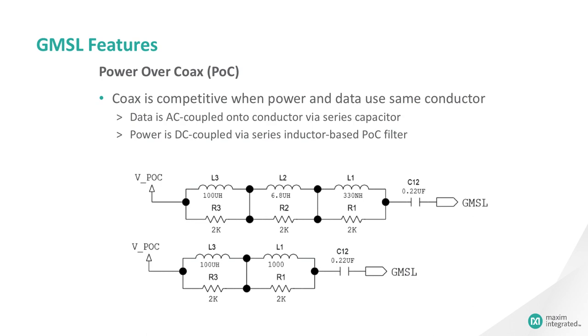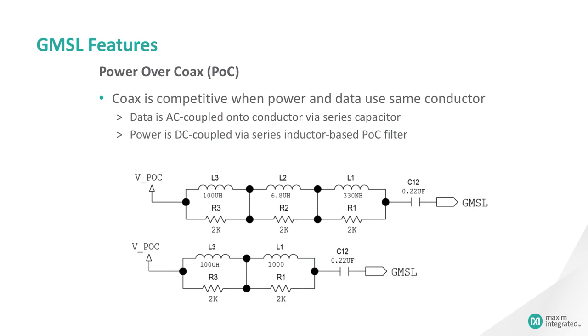Series capacitors are used to AC couple the forward and reverse channels. Power over coax filters use series inductors to DC couple the power component of the cable signal. Common power over coax or POC filters use inductor-resistor pairs to act as a low-pass filter across a wide frequency range, similar to using several bypass capacitors of different sizes.